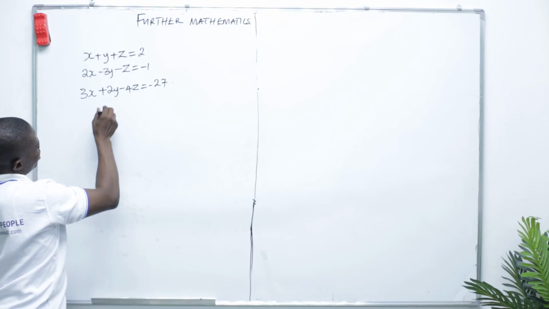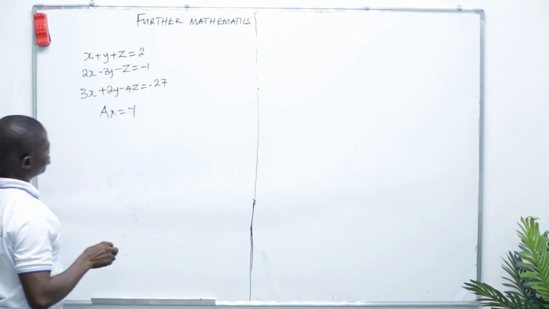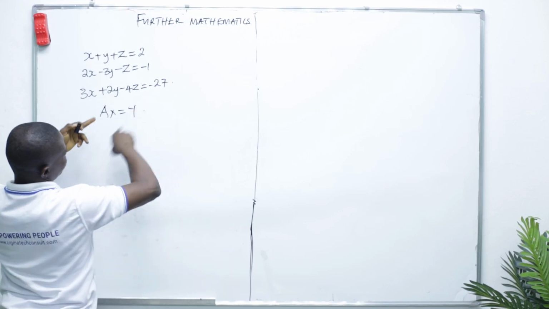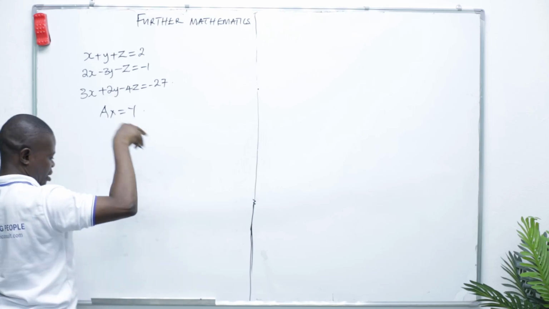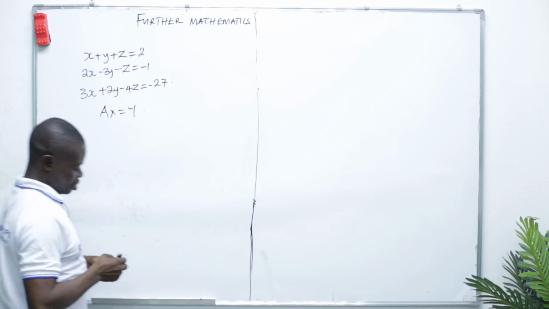Work on this principle: Ax equals who? Y. Then X equals the inverse of A multiplied by Y. We'll get there.